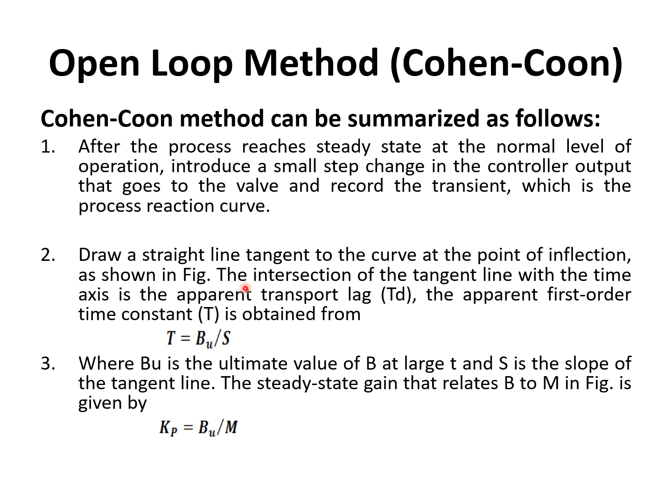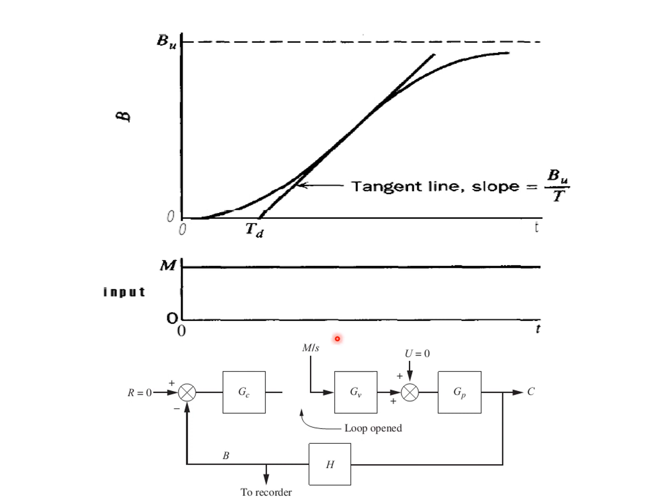So you get the T, you get the TD, where BU is, as I said, just the ultimate value at the final time, and S is the slope of the tangent line at the inflection point. You can find the inflection point where the gradient suddenly changes. The steady state gain that you want to use is given by Kp equals the final value gain divided by the magnitude of the step change that you introduce, the M here.